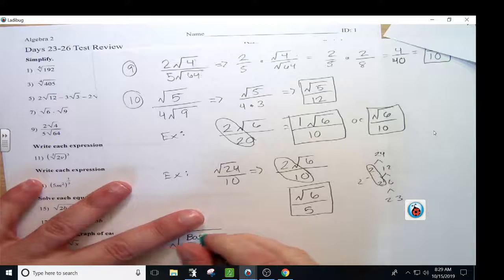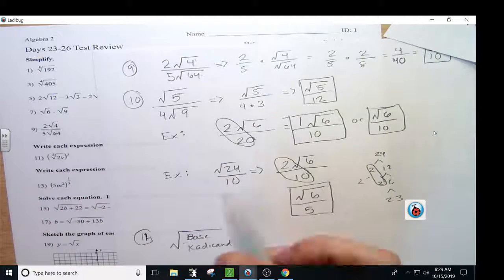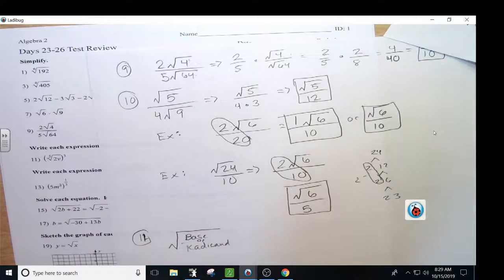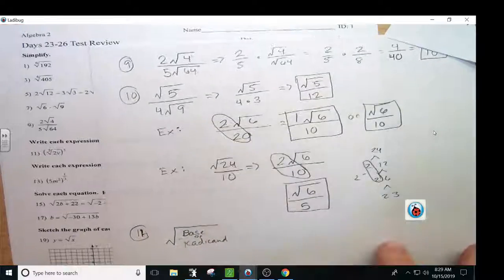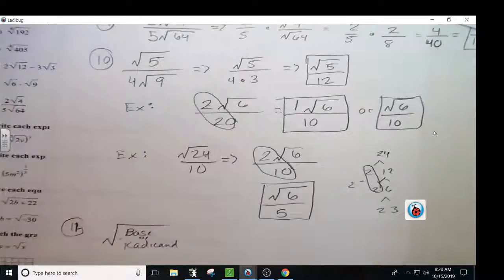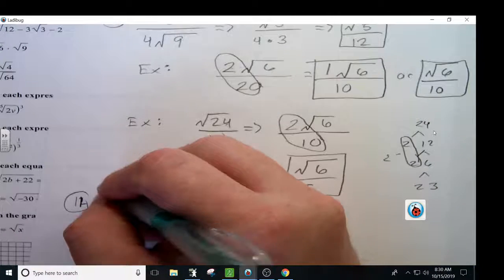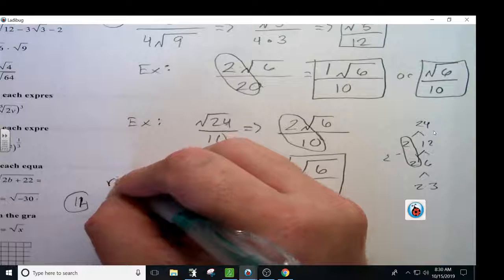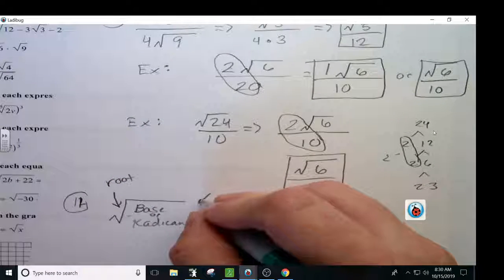People think you divide something. Remember, underneath your radical is your base or your radicand. And then right here, the little number here is your root. And then the little number here is your power.